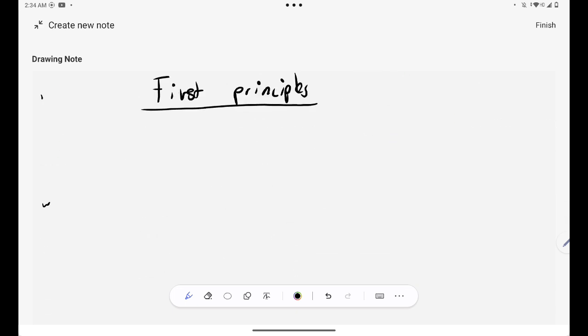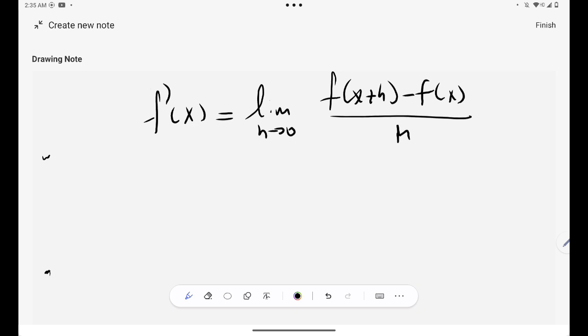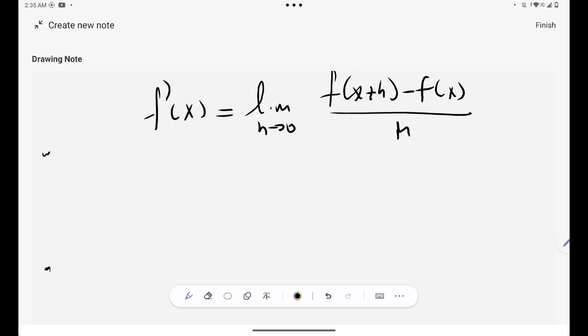All you need to do is to use this equation: f prime of x is equal to the limit as h approaches 0 of f of x plus h minus f of x, this thing divided by h.